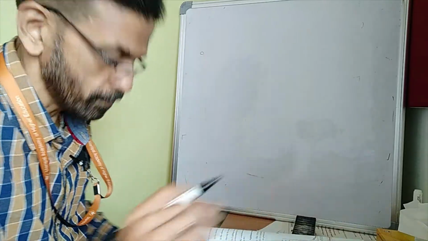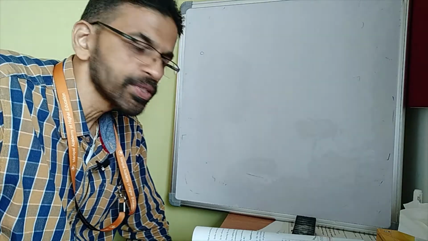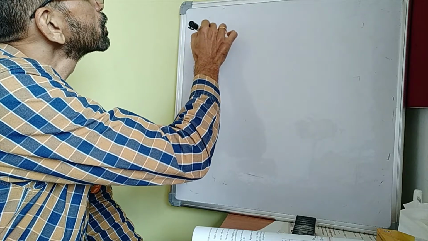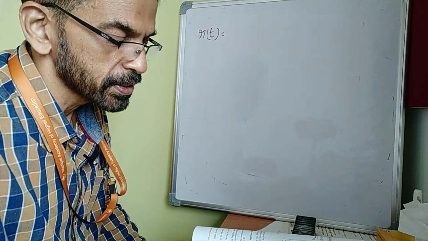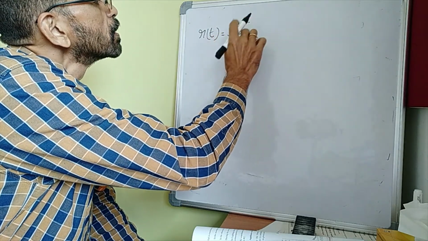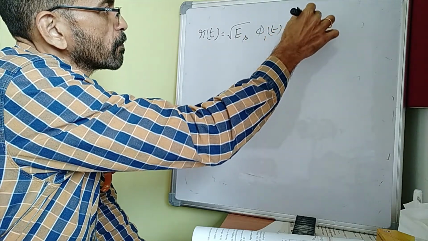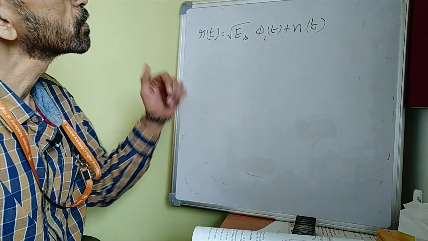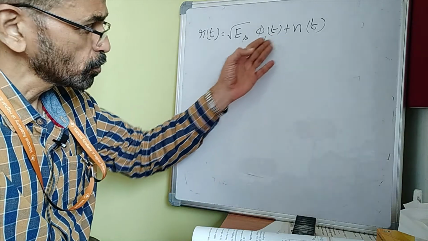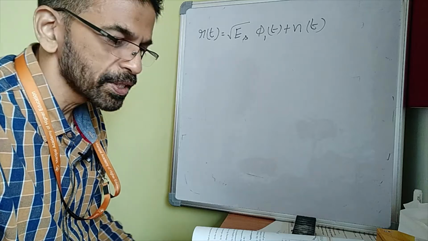Okay. Now we have the picture of the receiver in our minds, and let's say that we have received this, a sample function of the received signal random process r(t), and you know what phi 1(t) is by this time. n(t) is the sample realization of the additive white Gaussian noise.